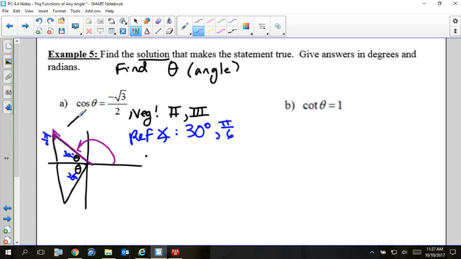So that's 30 degrees. How do we find the purple angle? Subtract it from 180. So we'll have 180 minus 30. You don't necessarily need to show this; I'm showing it because it's notes. But 180 minus 30, we get what? 150 degrees. So that is one of our answers.